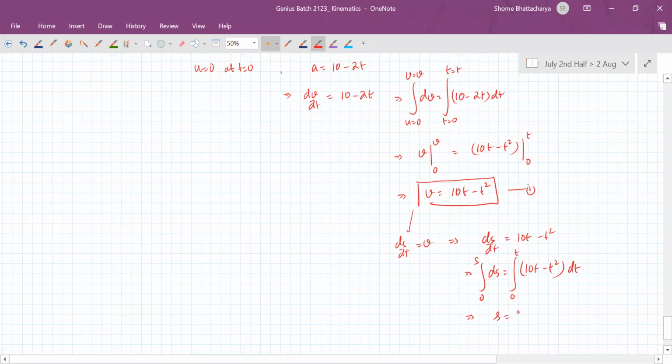So this will give us s is equal to 5t square minus t cube by 3, correct, as a function of time. Once you got this, the rest is just about substituting values.